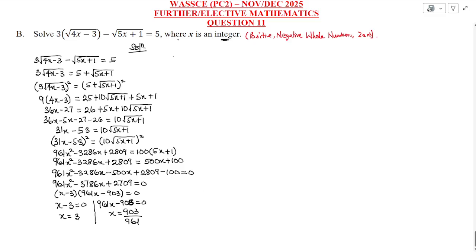Then we go back to the condition. They're saying where x is an integer. Between the two, we know that an integer is a positive or negative whole number, including 0. So this tells us that our value for x is going to be 3.